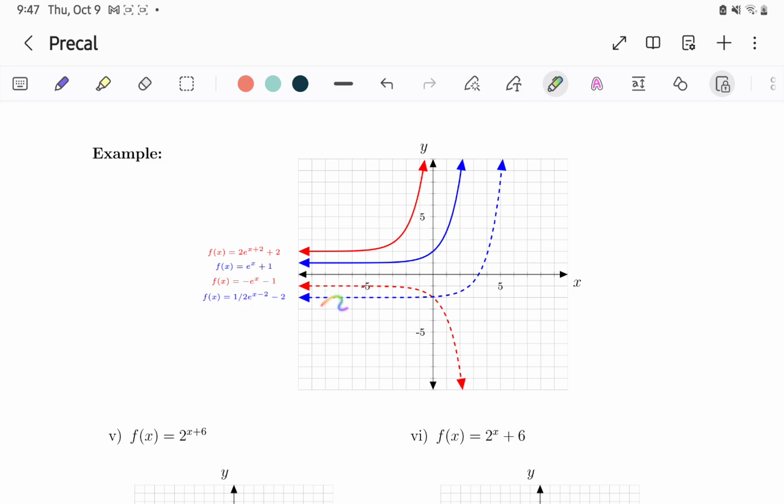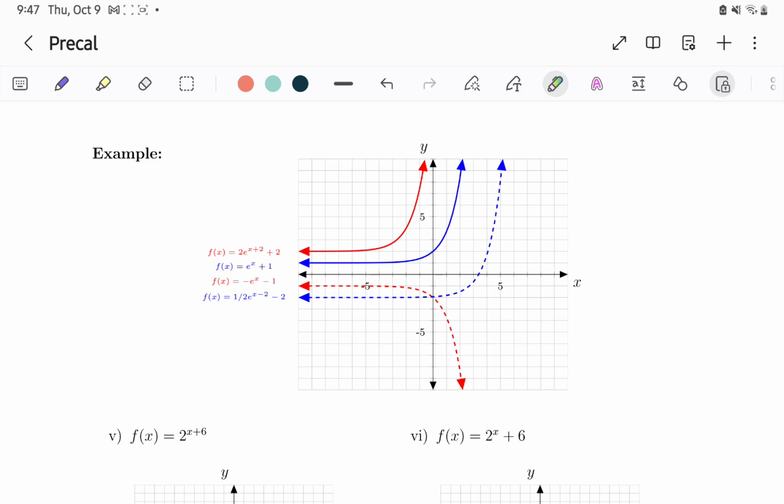Okay, and then for the graph in dashed blue here, it is the graph of f of x equals 1/2 times e to the x minus 2, and then minus 2. So this time we have a vertical shift down 2 units, and we also have a horizontal shift to the right by 2 units, and a vertical compression by a factor of 1/2 of the parent function e to the x.